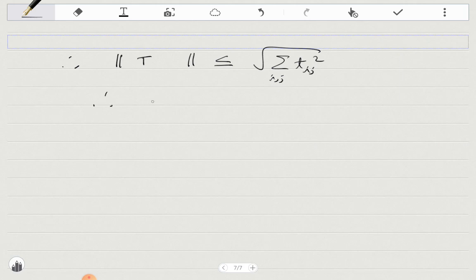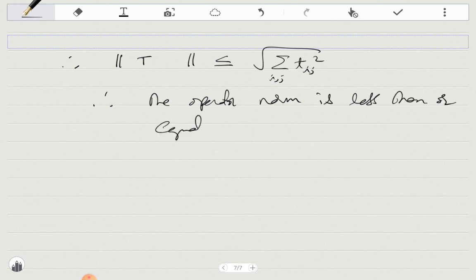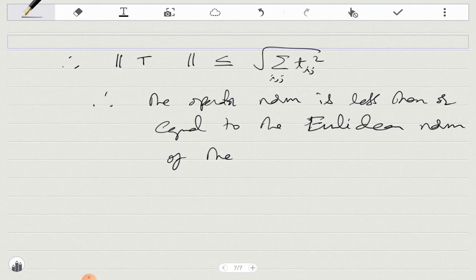Therefore, in words, the operator norm is less than or equal to the Euclidean norm of the corresponding matrix.